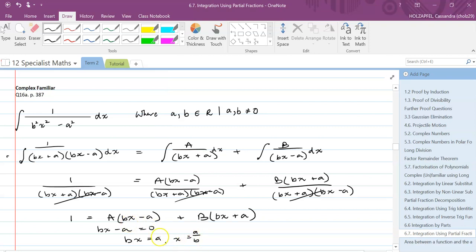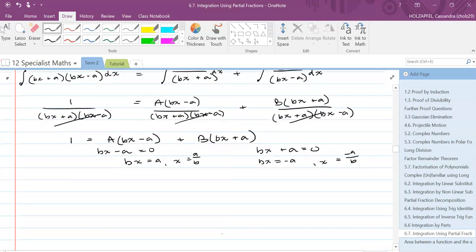So if we substitute x equals a over b, that will eliminate this term here. Let's find out the value for the other one now as well. So we need bx + a equal to 0, and so therefore bx is equal to negative a, and then x will be equal to negative a over b. So if I substitute negative a over b, that's going to eliminate that term.